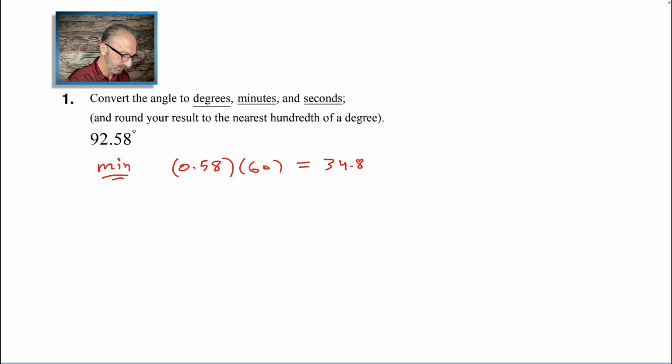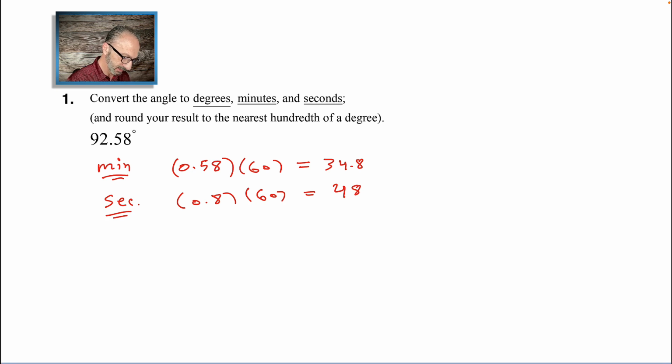34.8 minutes. We continue with the seconds, and we take the portion 0.8 of a minute and convert it to a second, multiply it by 60 again, and we get 48 even.